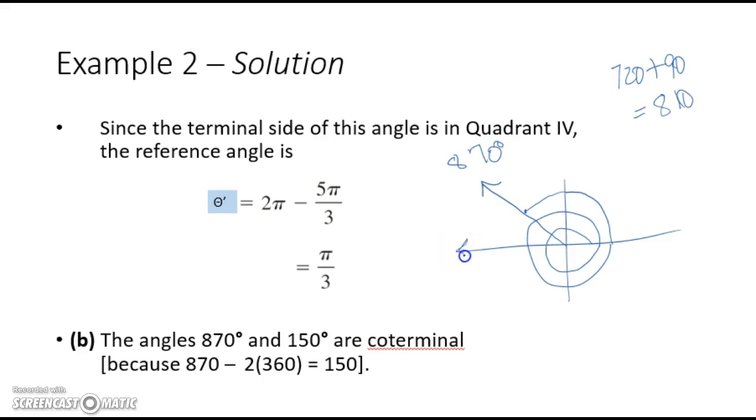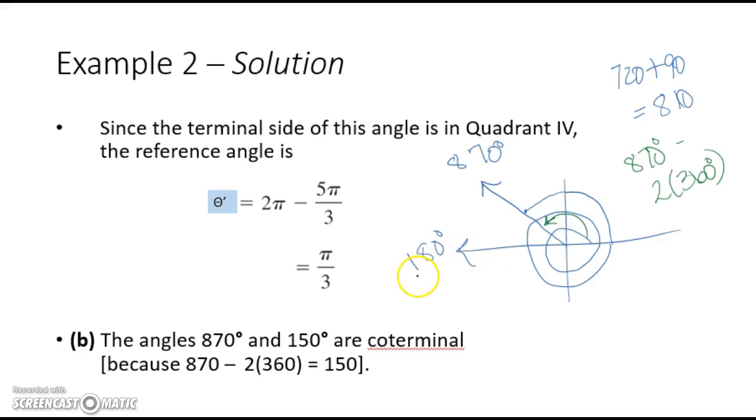So here is our x-axis. We want to take 180 degrees, and we could do an equivalent starting here and going there. So that would be 870 degrees minus 2 times 360. And that would give us this angle measure.